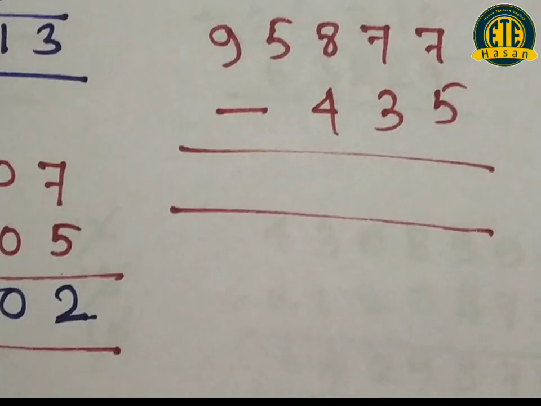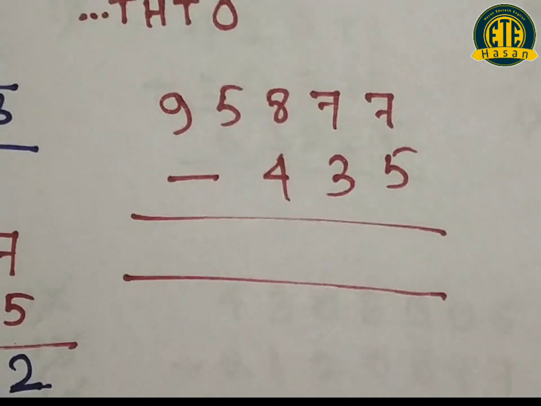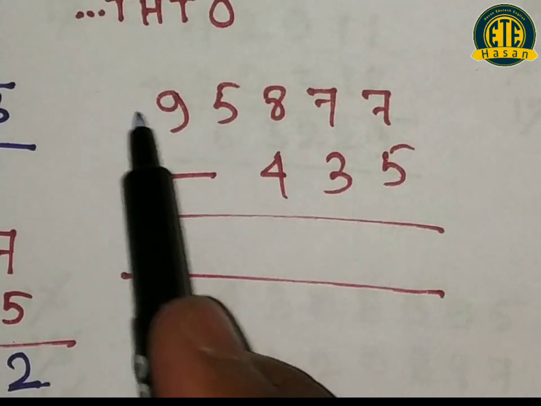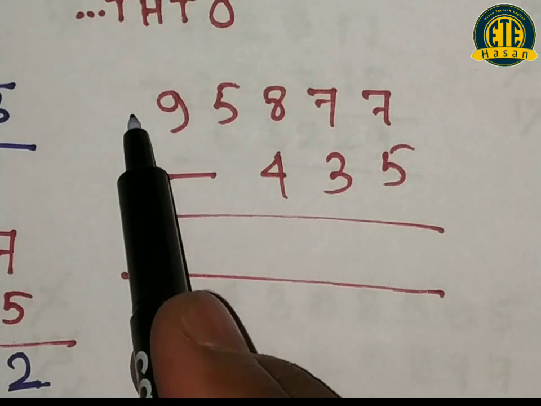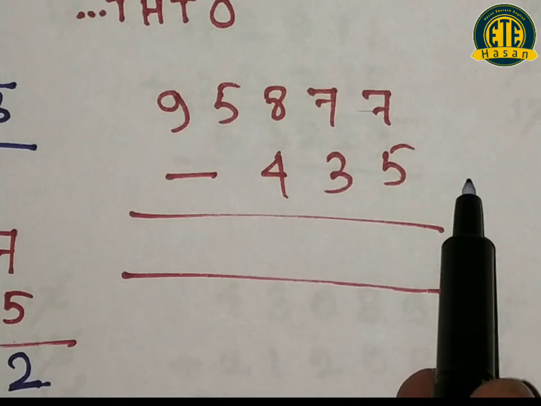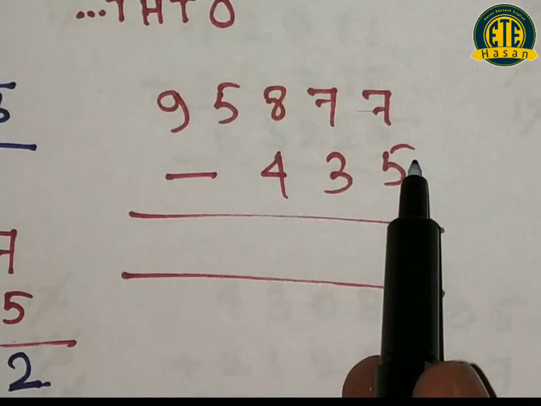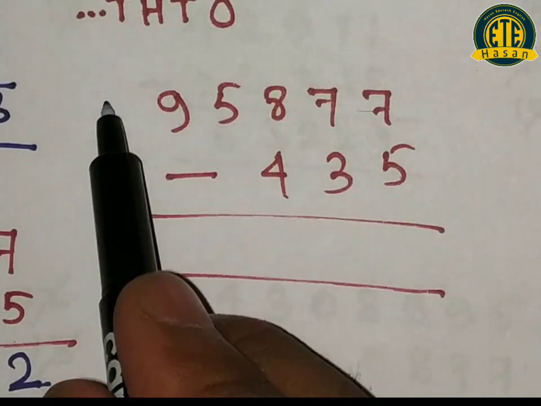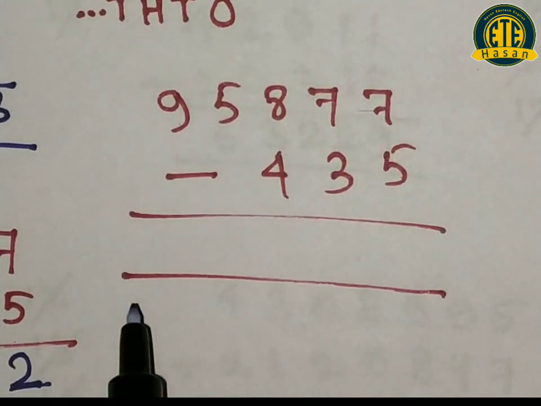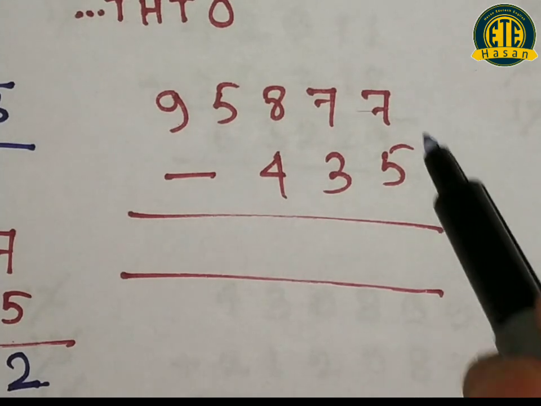Is it visible? It is visible. Is there any sign here? No, so this number has a plus, positive sign. Here is the negative sign, so this number is a minus number. The above number is a plus number, the above number is bigger and the below number is smaller, and we have to subtract from the bigger number to the smaller number.